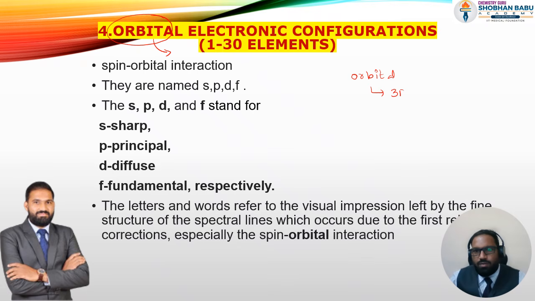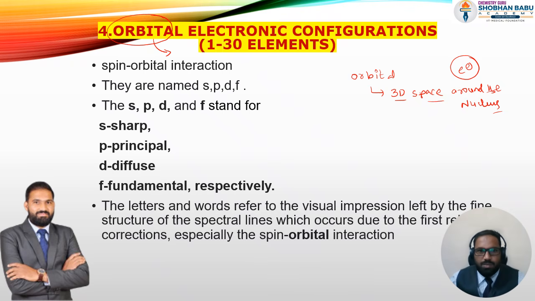Note this point carefully: an orbital is a three-dimensional space around the nucleus where the maximum probability of finding an electron is present. It means it is some imaginary space around the nucleus.